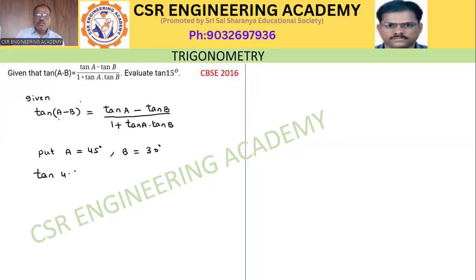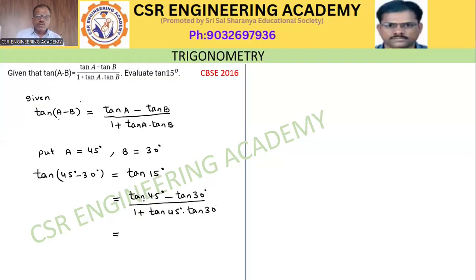Tan 45 degrees minus 30 degrees is equal to tan 15 degrees is equal to tan 45 degrees minus tan 30 degrees divided by 1 plus tan 45 degrees into tan 30 degrees.